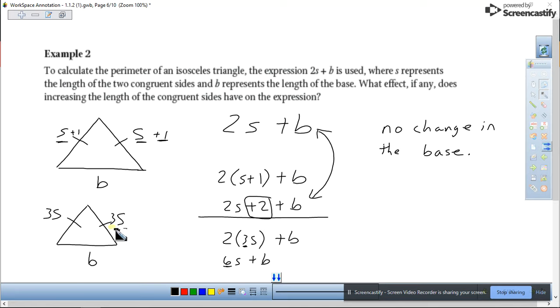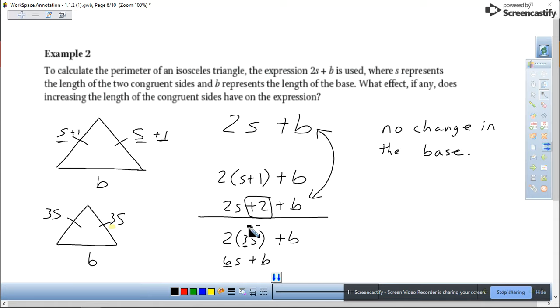Same thing happened down here at the bottom. It was a 3 being multiplied, then it became 6. It got doubled. So because it's happening to 2 sides equally, whatever the effect on one side is gets doubled for your final expression. Now that's a little bit deeper than what the question was originally asking, but I wanted y'all to have that thought process in your mind of, don't just identify generically what's happening, see if you can get specific. Okay?